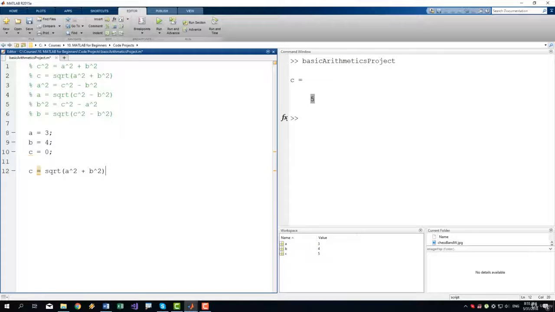Now let's switch things a bit and make our c value known and our b value unknown. So c will be 5 and b will be 0, and we are going to write our two other equations here as well. So a is equal to sqrt of c squared minus b squared, b is equal to sqrt of c squared minus a squared.